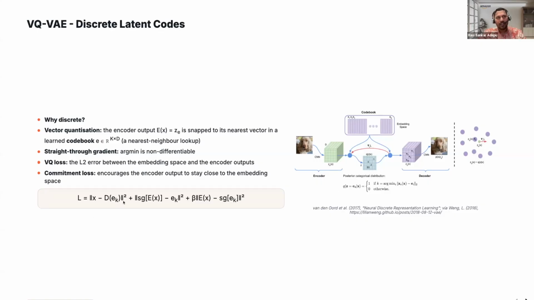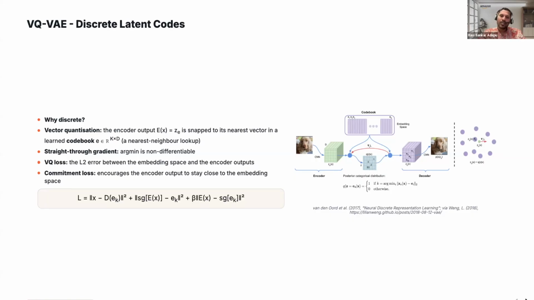The loss actually has three components. The first is the usual reconstruction loss, where we rebuild the input, and the second is the VQ, or the codebook loss, which pulls the chosen codebook vectors towards wherever the encoder is putting its outputs. Third is what is called the commitment loss, which does exactly the reverse.